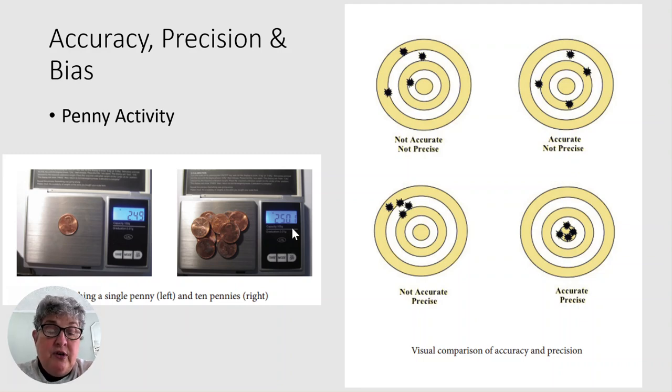Now, I just used 2 different words, mass and weight. Weight is actually a force. Weight is how mass reacts to gravity. In chemistry and a lot of things, we use weight and mass kind of interchangeably, because if I put the pennies on the scale, it's actually taking gravity into account and providing you with the mass.